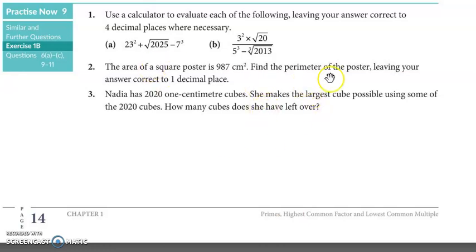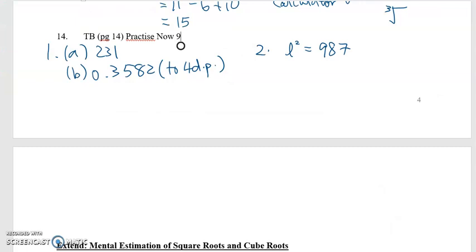They want us to find the perimeter of the poster. So before I can find the perimeter, I will need to find the length. If I were to find the length, I have to take the square root of 987. Now I'm not going to key this into my calculator yet. I'm going to go straight to find the perimeter.